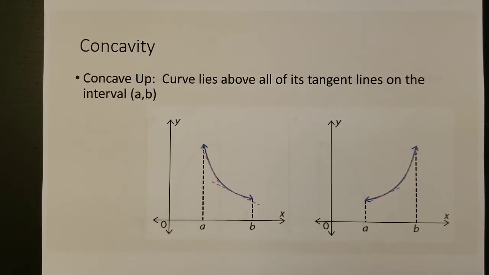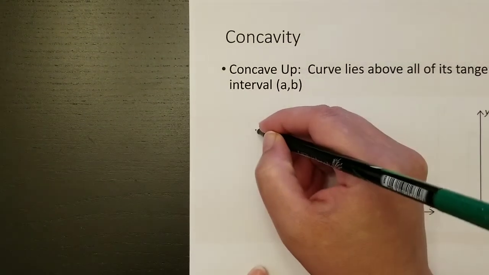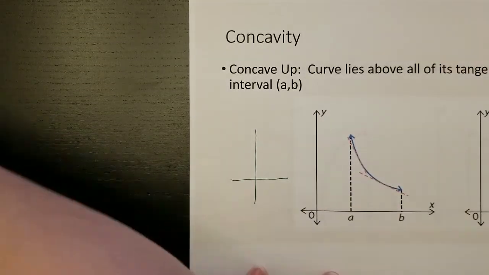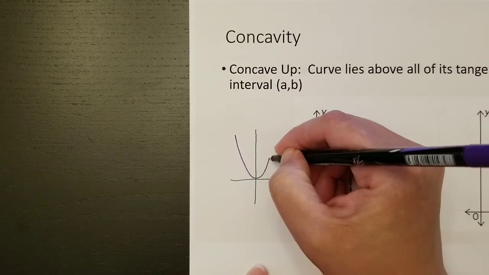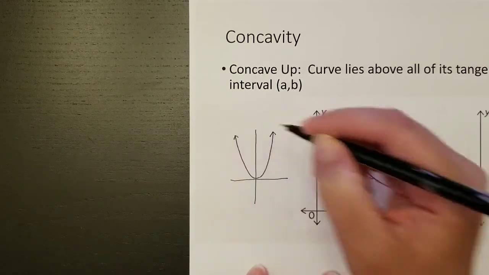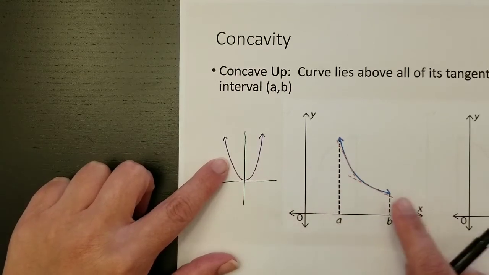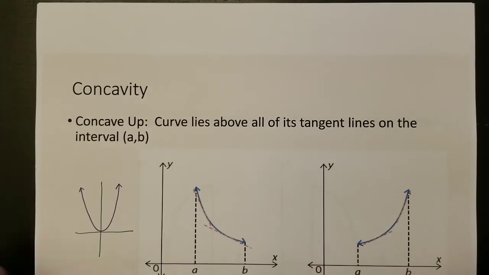So the most simple example of a concave up function is a parabola that's opening upwards. So if your interval or your piece of a function looks like it might be a piece of this opening up parabola, then that would be a concave up section of your graph.